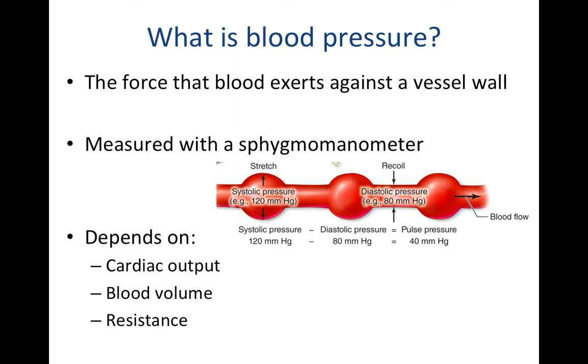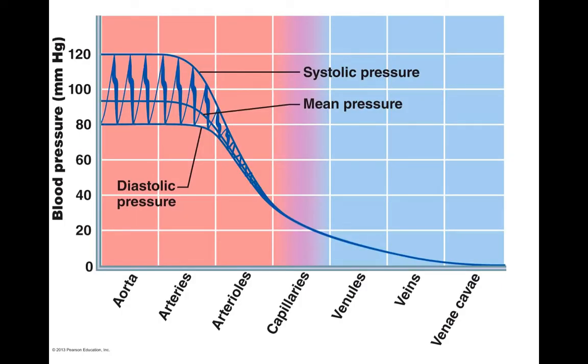And your blood pressure depends on a variety of factors. What's your cardiac output? How much is your blood volume? And what is the resistance that you're facing? As you're looking at your blood pressure through different vessels in your body, you can see, at least initially, it's quite pulsatile. And so as you're coming out of the left ventricle and into the aorta, you can see it changes pretty drastically.